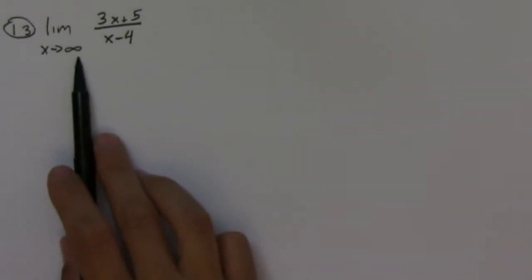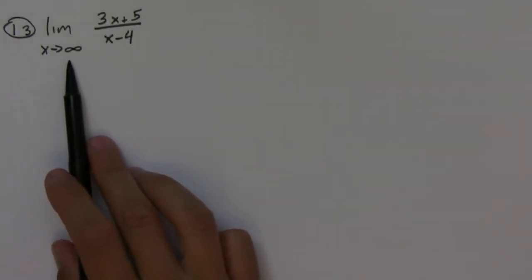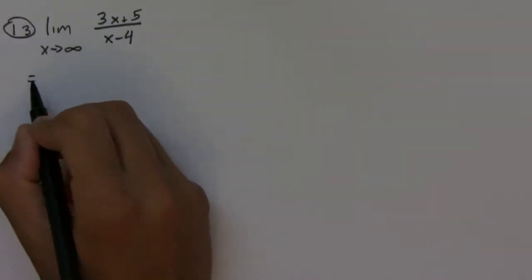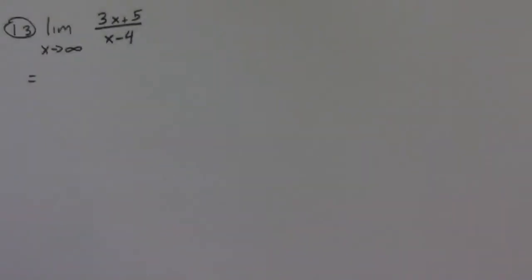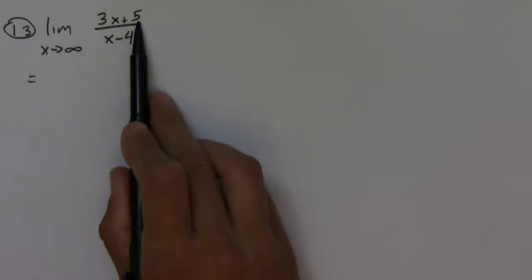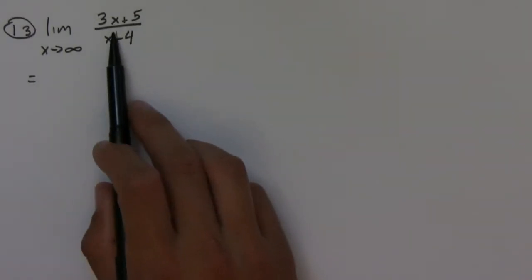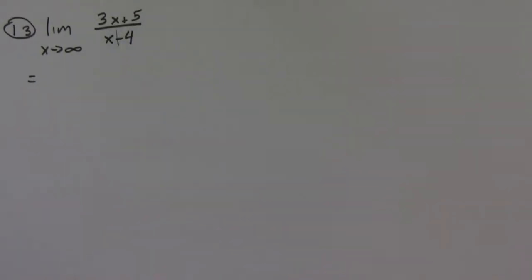Okay, so here we have a limit as x goes to infinity. Now remember, the usual trick that we use is we look at all of the terms and figure out what the highest power is.